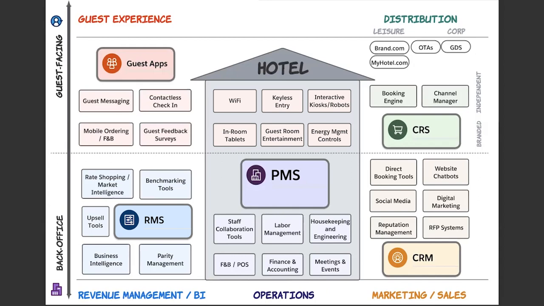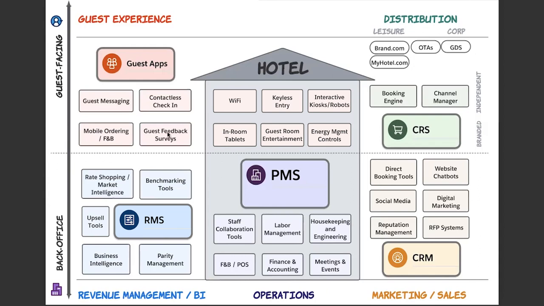What I also have to mention is that just like with the guest-facing versus back-office spectrum, there are no clear boundaries between these categories that we just discussed. Some solutions are on the edge. For example, a booking engine is an important part of distribution, but some diagrams place it under marketing.